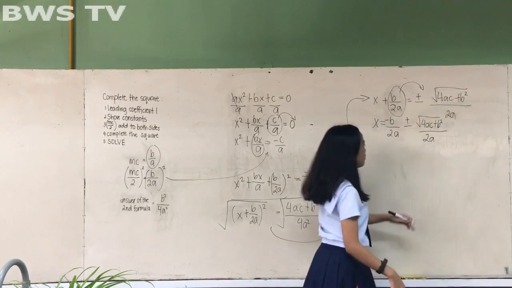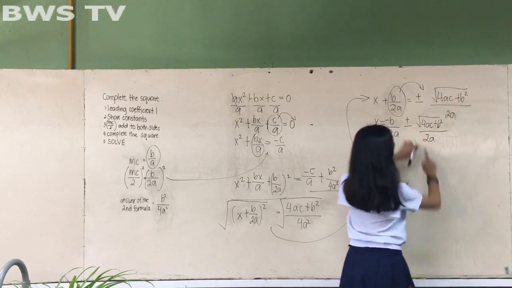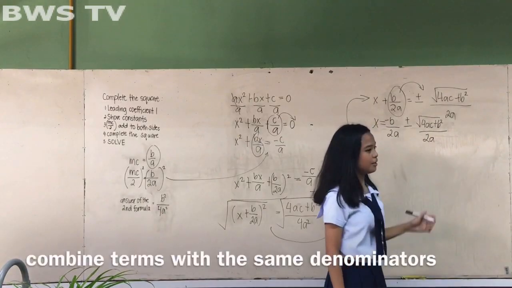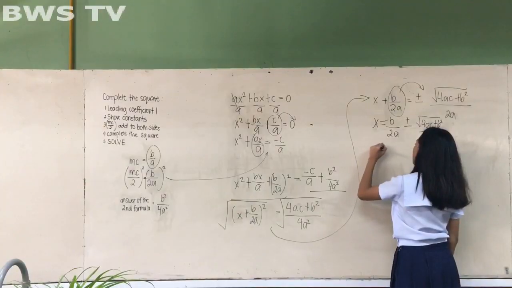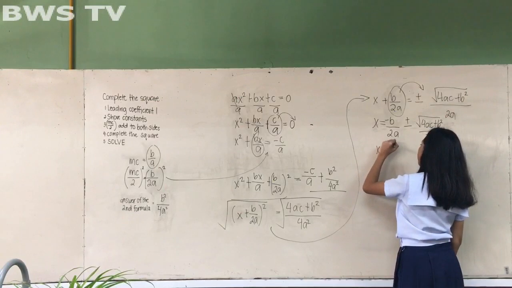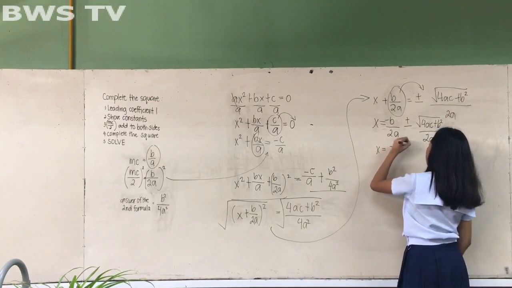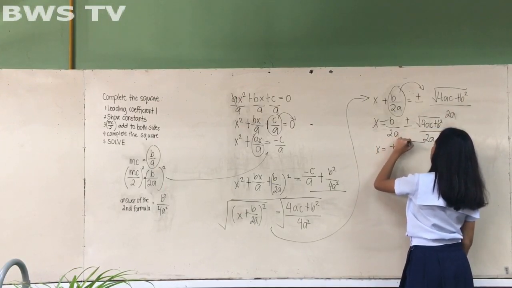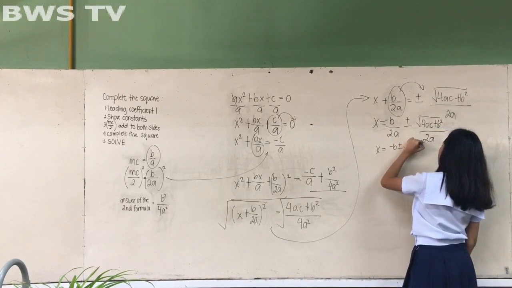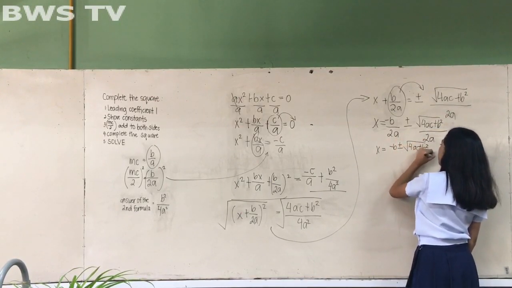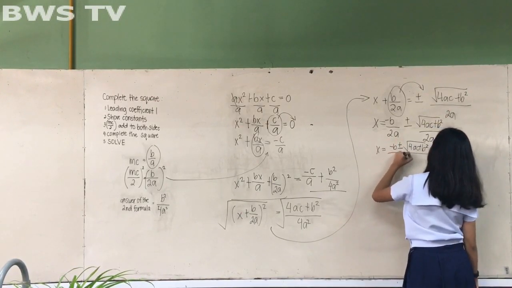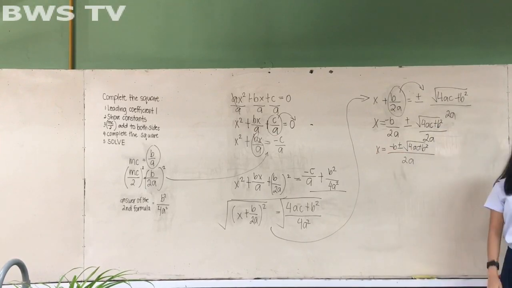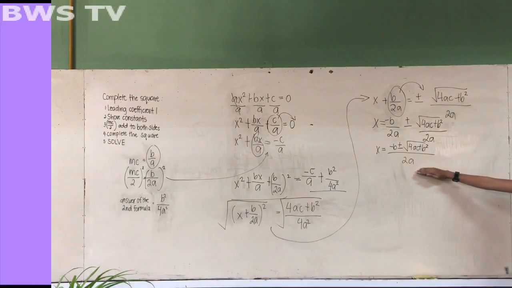Then we are going to combine these two because we have the same denominator. x is equal to negative b positive negative square root of 4ac plus b squared over 2a. And then we have arrived at the quadratic formula.